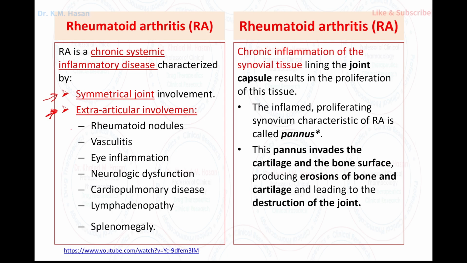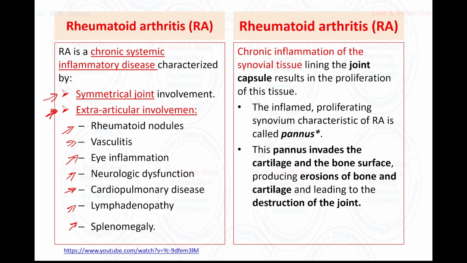So the patient who comes to the clinic may suffer from rheumatoid nodules, vasculitis, eye inflammation, neurological dysfunction, cardiopulmonary disease, lymphadenopathy, and splenomegaly, which means enlargement of the spleen. Okay, so you can see here we have joint involvement.